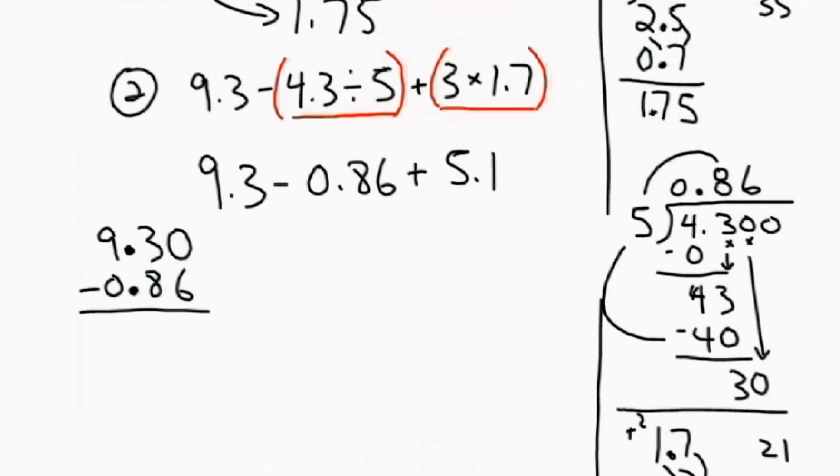And you see 0 minus 6, can't do it. So I need to borrow from the column to the left. I'll do that in red. My 3 becomes a 2, and my 0 becomes a 10. Now, 10 minus 6 is 4. And now I run into the same problem on my decimal point here. Here, 2 minus 8, I can't do.